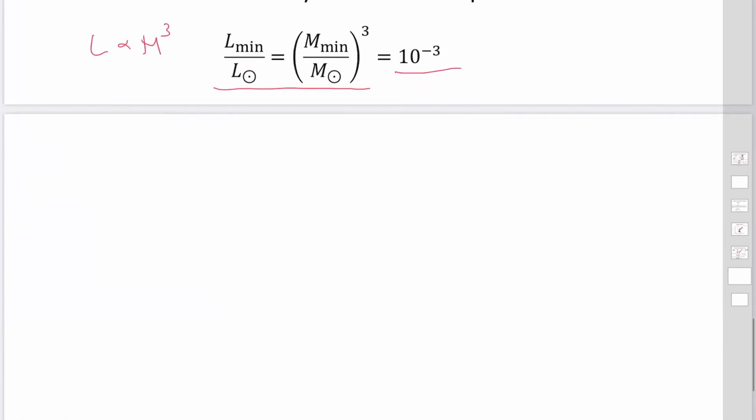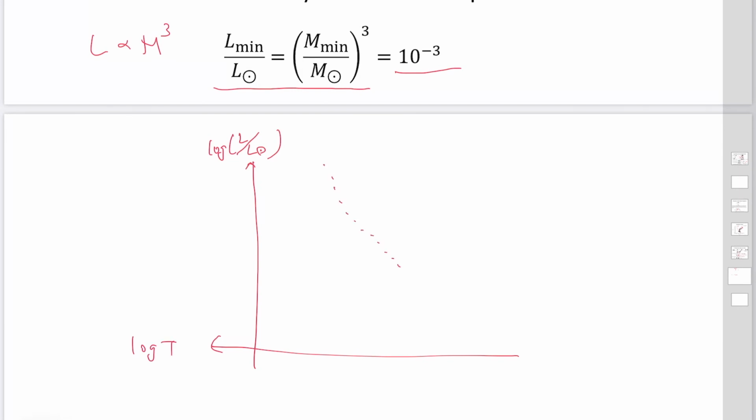So if you draw the HR diagram, the vertical axis is log L divided by the solar luminosity, and the horizontal axis is log T. The main sequence star appears here. The luminosity of the star is 10 to the minus 3, so it appears at 10 to the minus 3. This corresponds to the lowest luminosity. Okay, this is the end of this session.